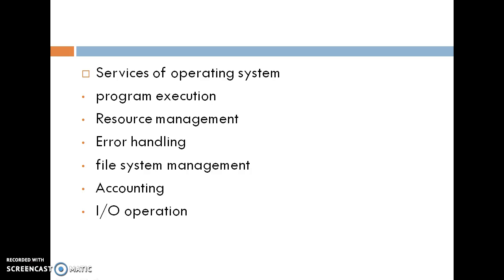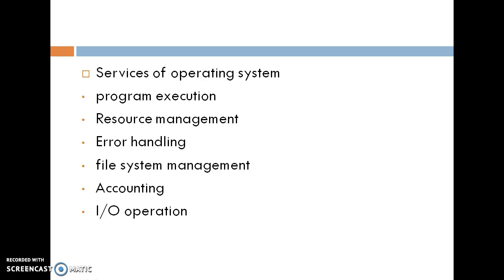Then the third service that is given by the operating system is error handling. The operating system must be constantly aware of all the types of errors occurring during the execution of the program. These errors may be related to hardware, or these errors may be related to software.